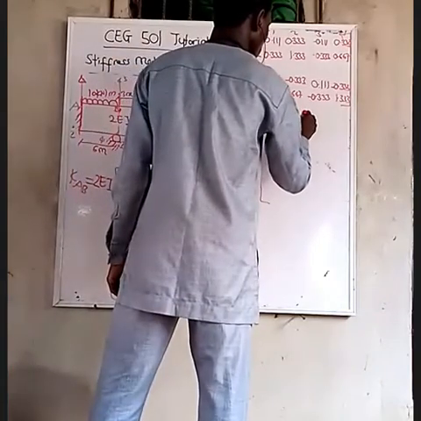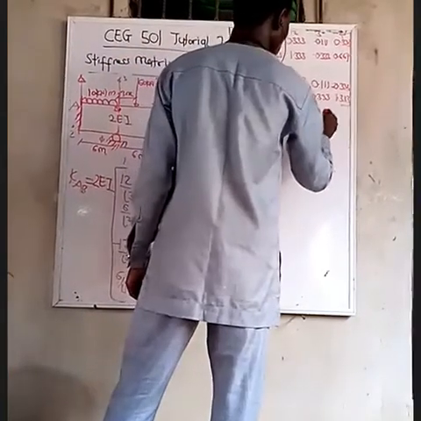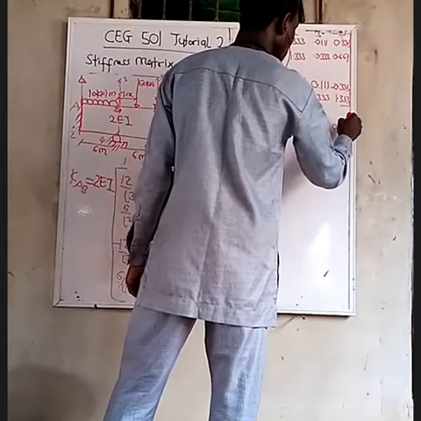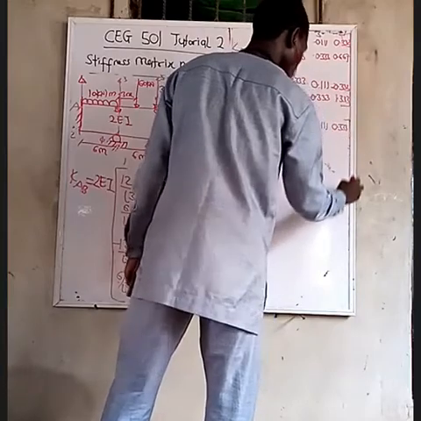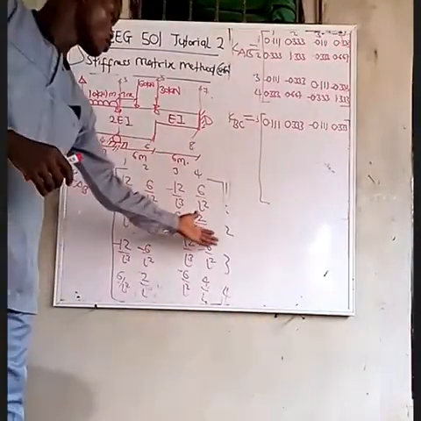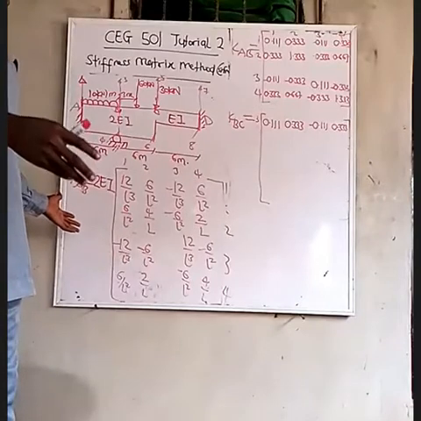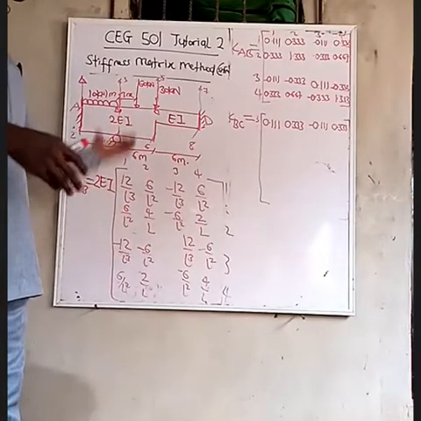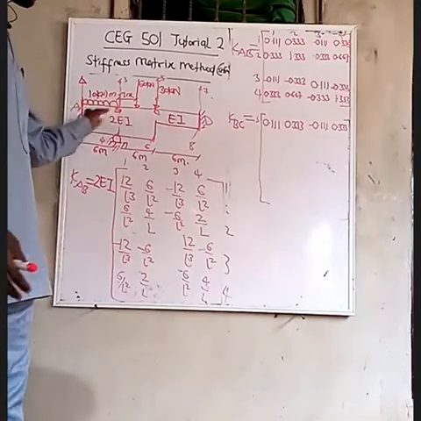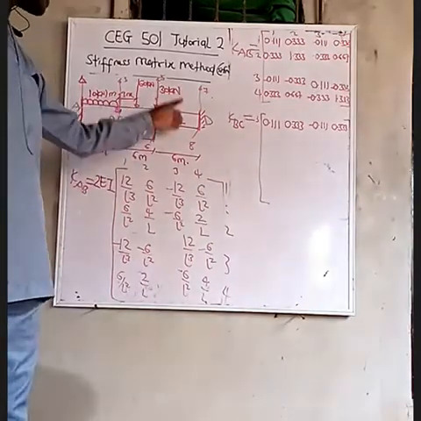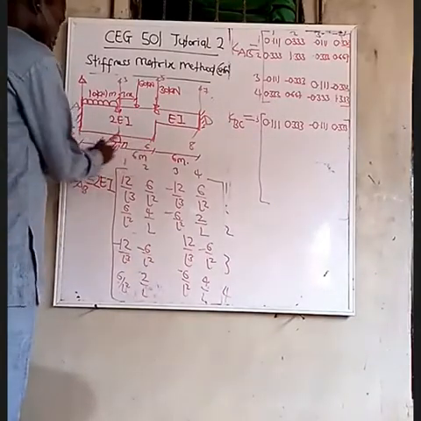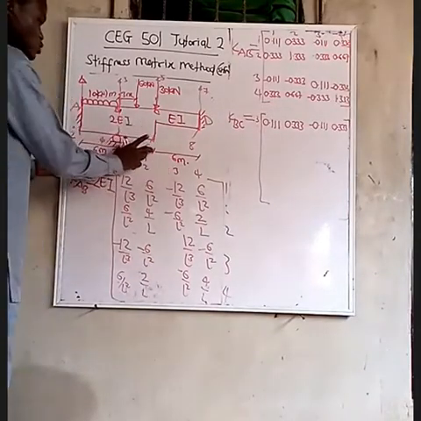Is that clear to everybody? No, please. The formula, this is the formula. Imagine that you are applying this same formula for this one. You are still applying the same thing. This formula holds for this section and this section, but it's only going to be different for this section because this one has EI.